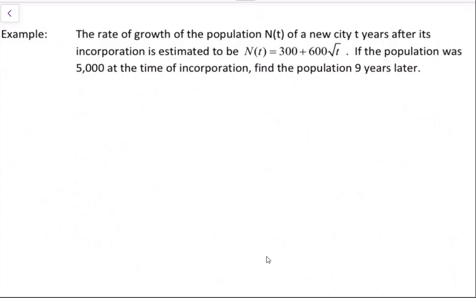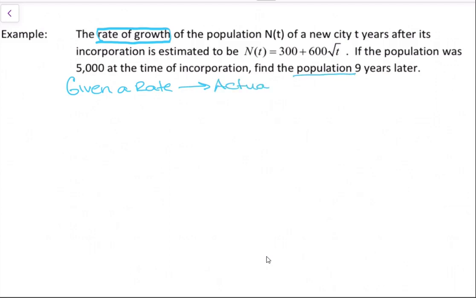So we know that for a derivative problem, we need to take a derivative if we're being asked to find a rate. In this problem, we're not being asked to find a rate, we're actually being given what the rate of growth is. So we are given a rate and we want to go back to the actual population.